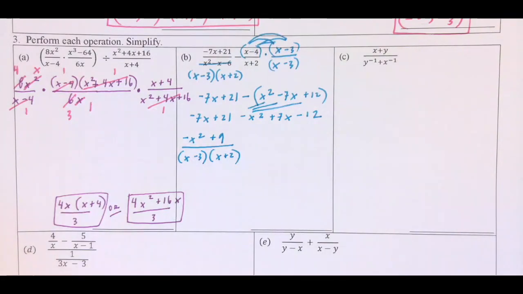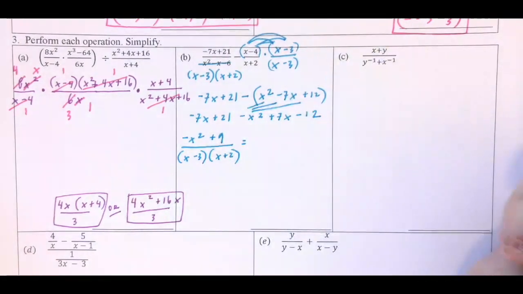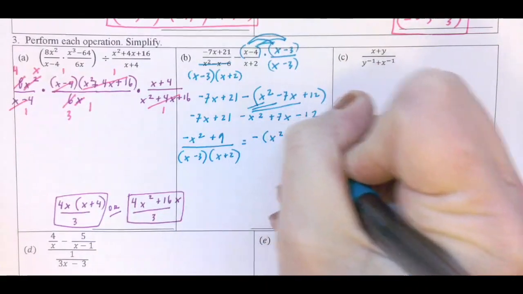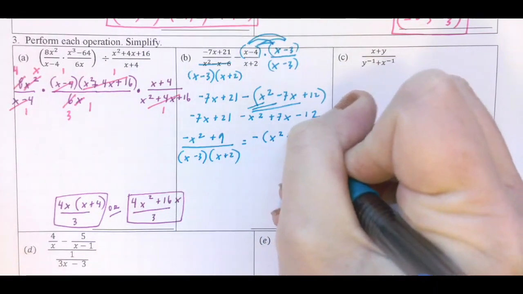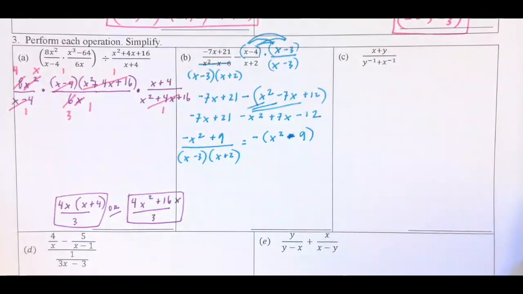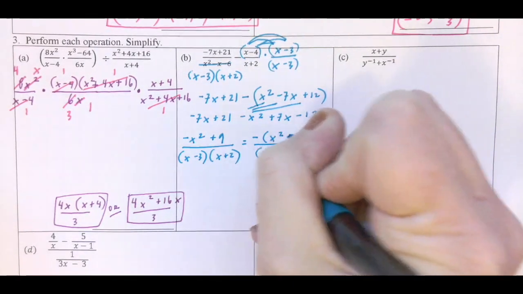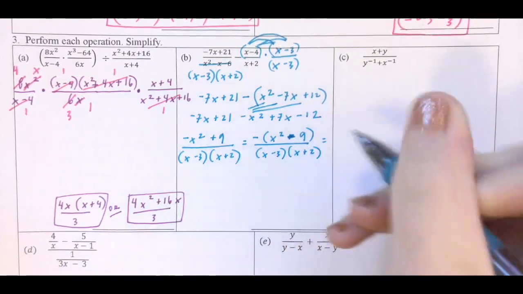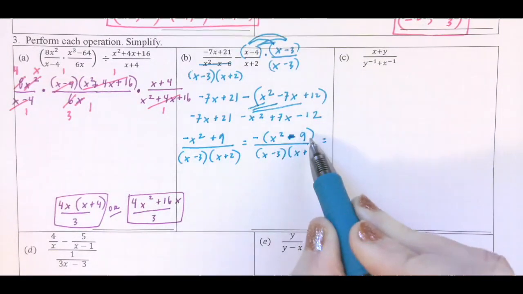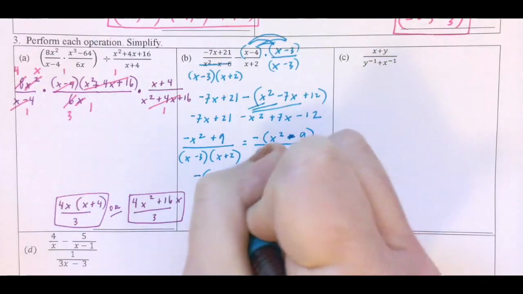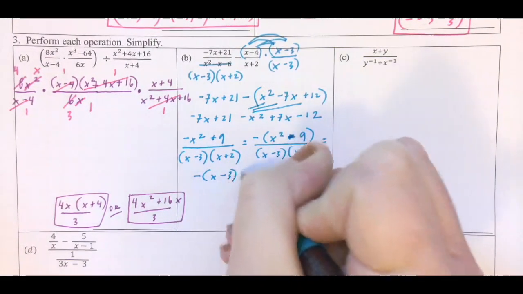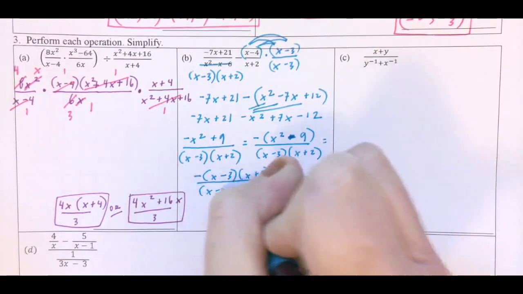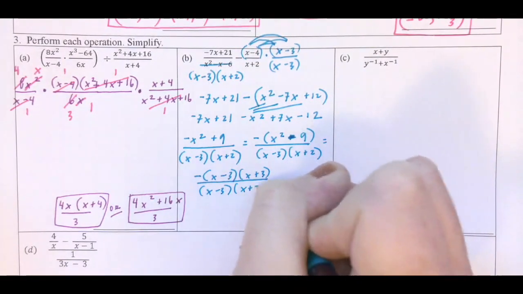Okay, so now I'm looking to see if I can factor so that I can reduce anything down. I can divide out that negative 1 times x squared minus 9, right? It's going to be a difference of 2 squares. And then x minus 3, x plus 2 on the bottom. All right, that difference of 2 squares here will factor. So I have negative 1 times x minus 3 times x plus 3 over x minus 3 times x plus 2.